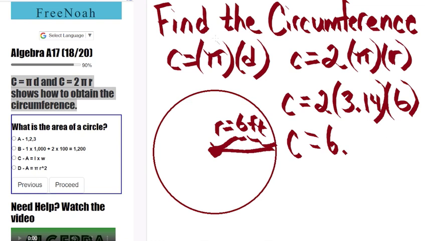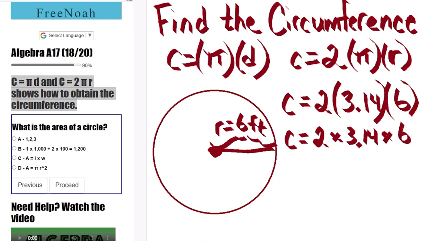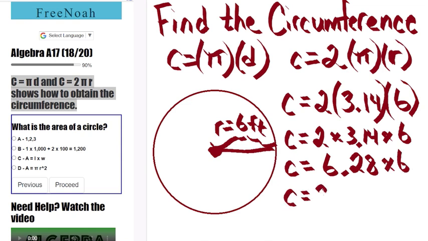C equals 2 times 3.14 times 6. Let's rewrite this statement as C equals 6.28 times 6.